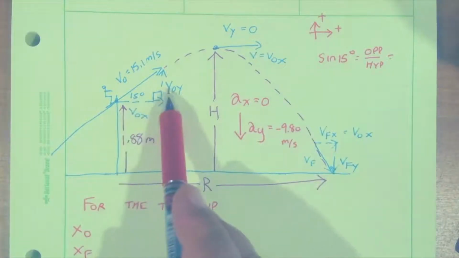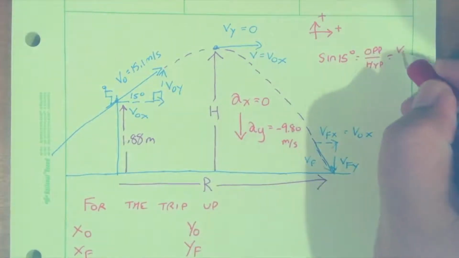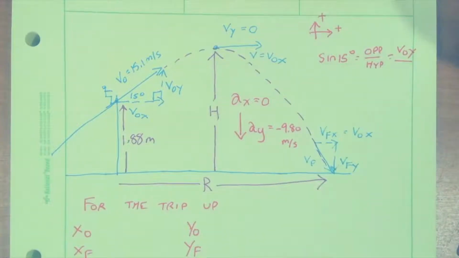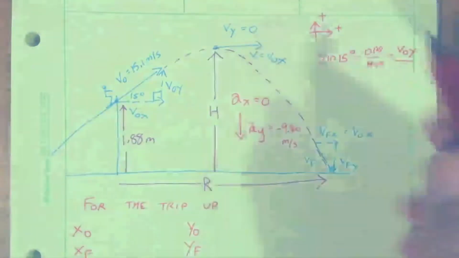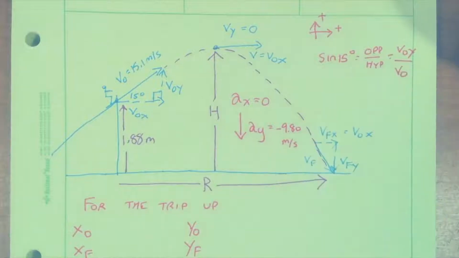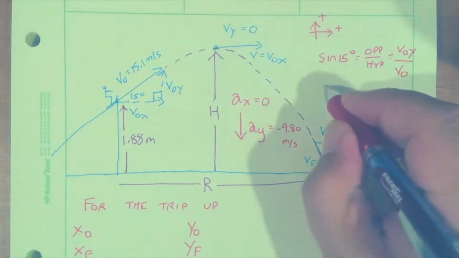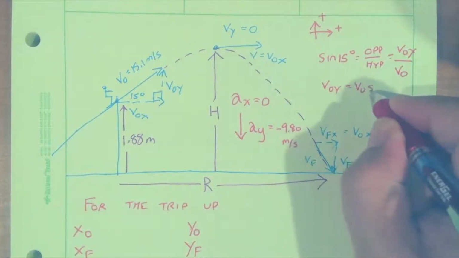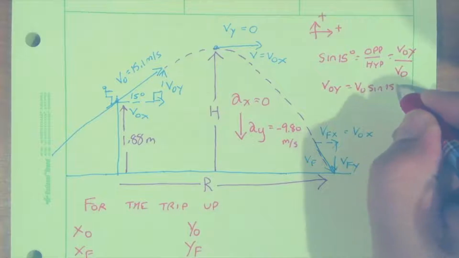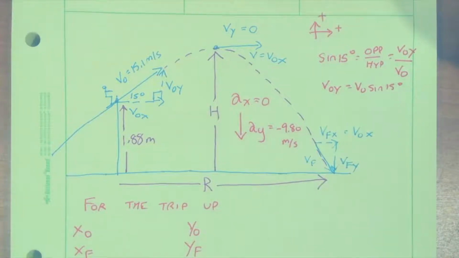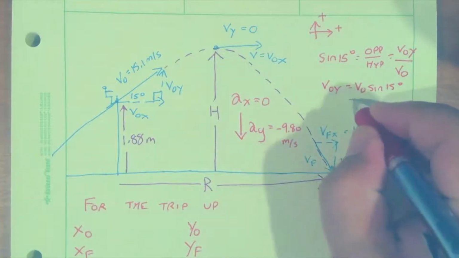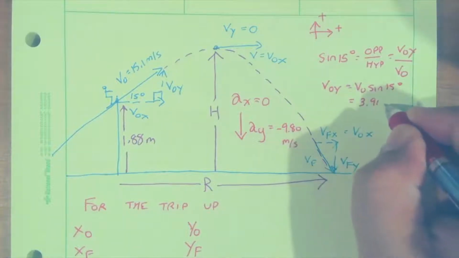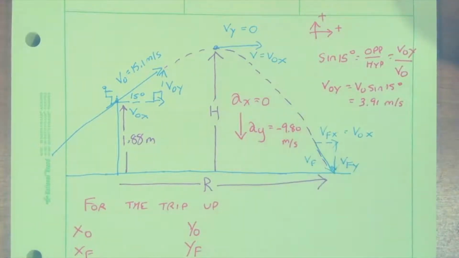And opposite the 15-degree angle is the y component of the velocity. And the hypotenuse of the triangle is the velocity itself. And so that gets us a formula for the y component of the velocity, v naught sine of 15. And that turns out to be 3.91 meters per second.